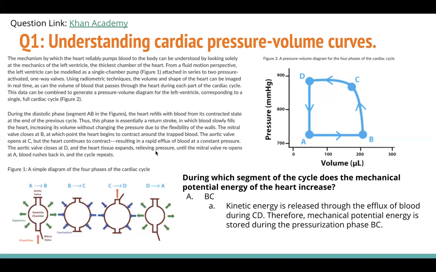So this is basically what it says. During the pressurization phase in BC, as the pressure is increasing, we're increasing mechanical potential energy, so that it can be released as kinetic energy during CD, when the aortic valve opens due to the increase in pressure and the blood can go out of the left ventricle.